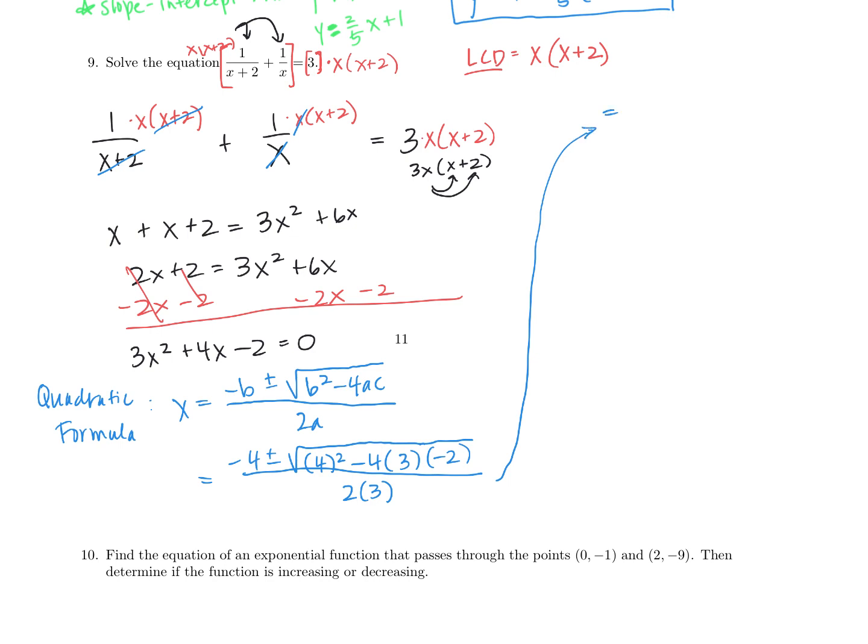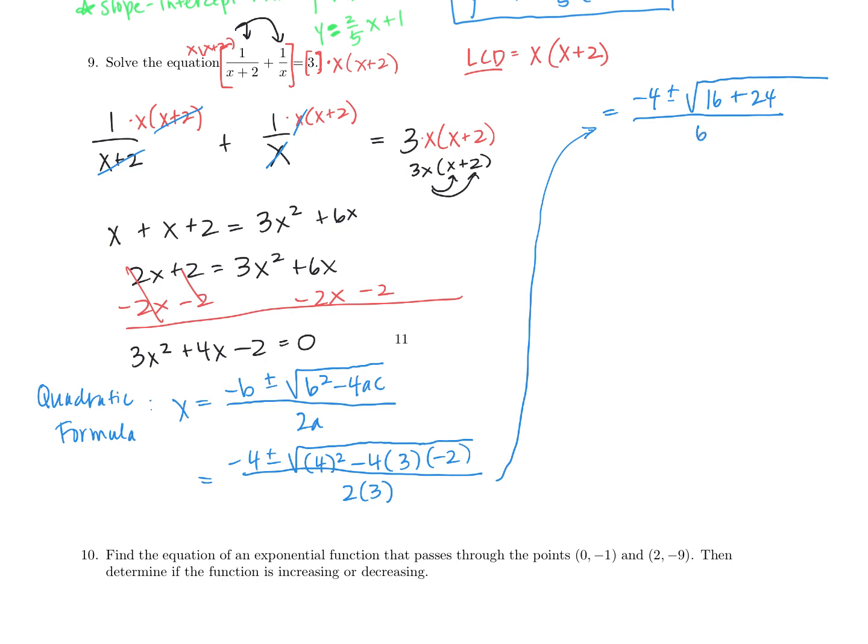So we'll have negative 4 plus or minus the square root. 4 squared is 16. Negative times a negative is a positive. We have a negative 4 times a negative 2. So since we have two negatives, we're going to get a plus. 4 times 3 is 12, times 2 is 24. All over 2 times 3 is 6.